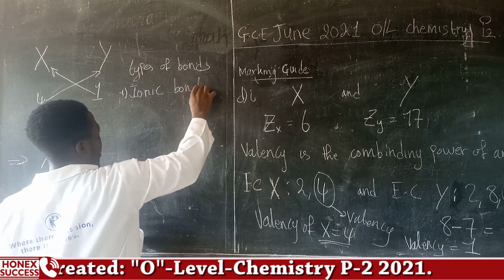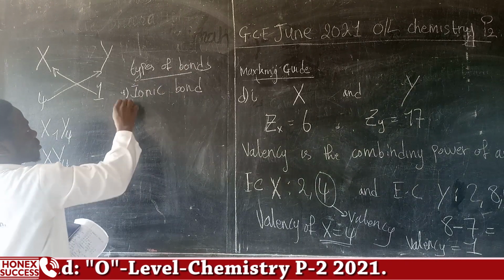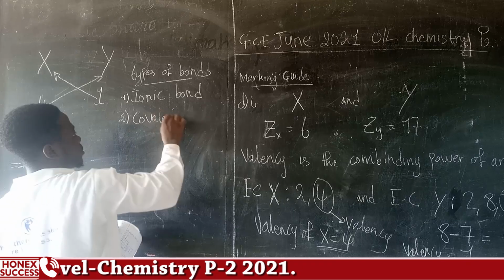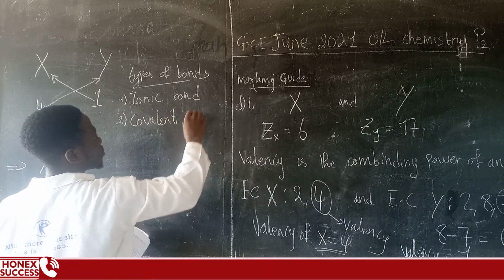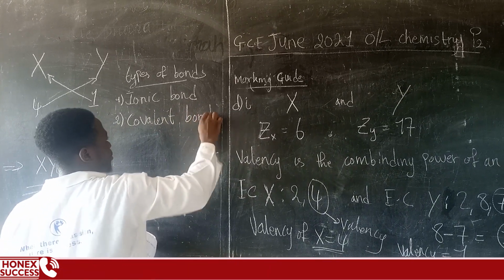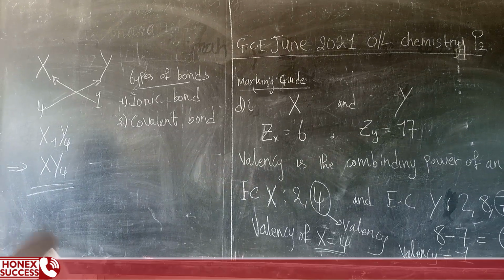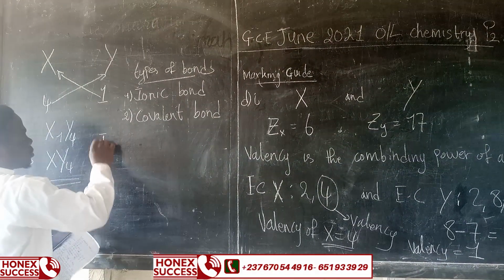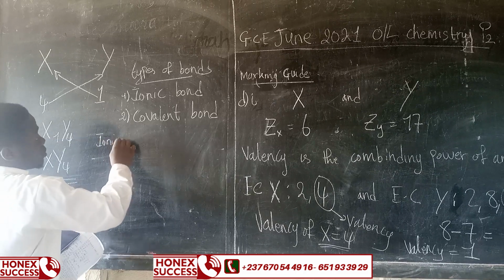The first one is ionic bond, and the second is covalent bond. Now we will take each of the cases and see what happens.